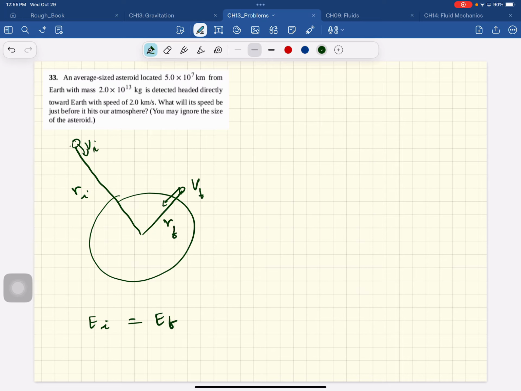So this is the mass of the asteroid. Okay, so this is its kinetic energy. And what is the formula for the gravitational potential energy? Okay, so you could use that mgy.